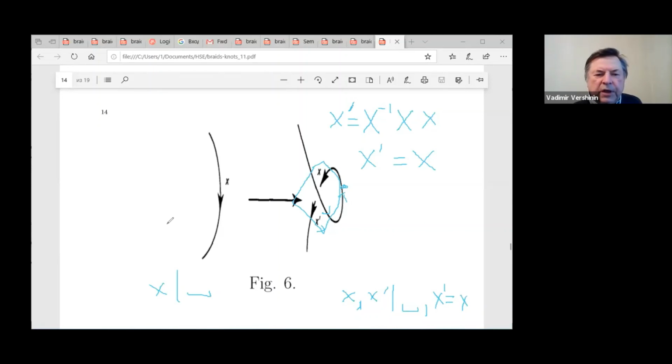You see that this group is exactly the same group. So you see that Reidemeister 1 changes the presentation, but the presentation is Tietze equivalent to this thing. Okay?